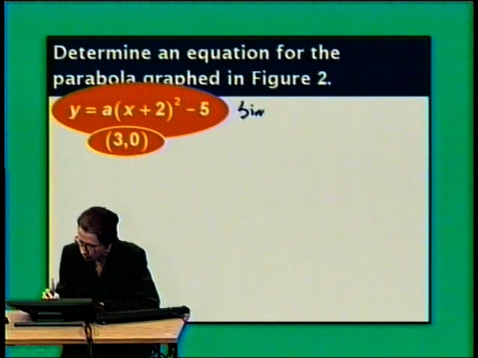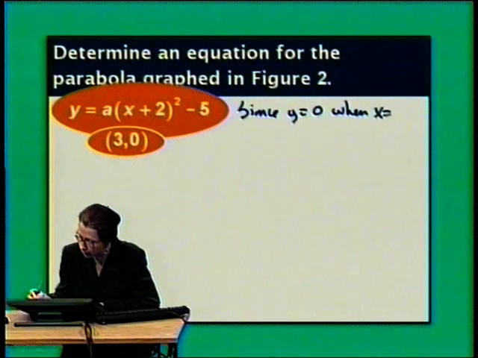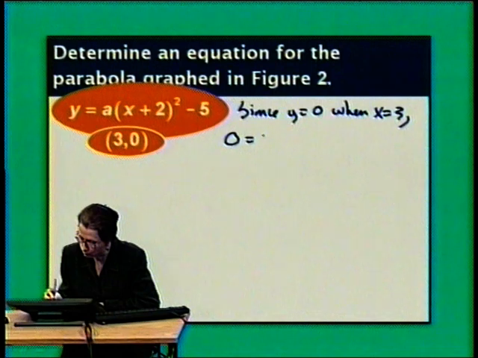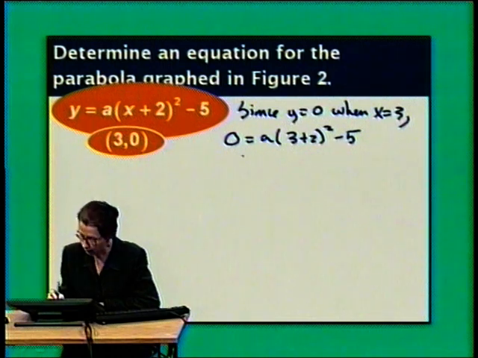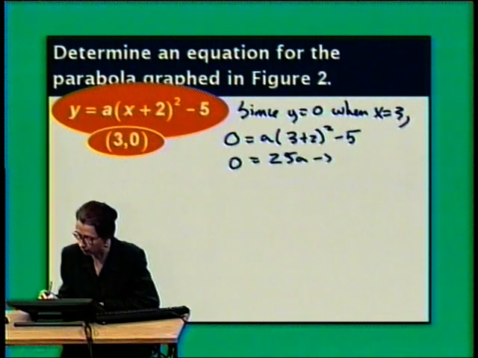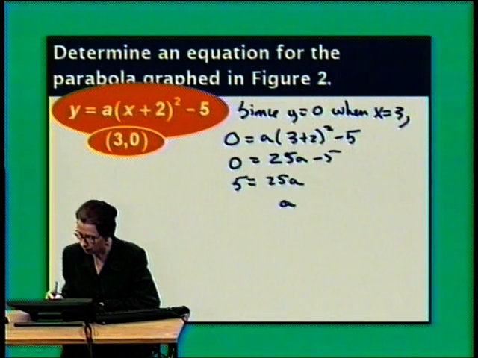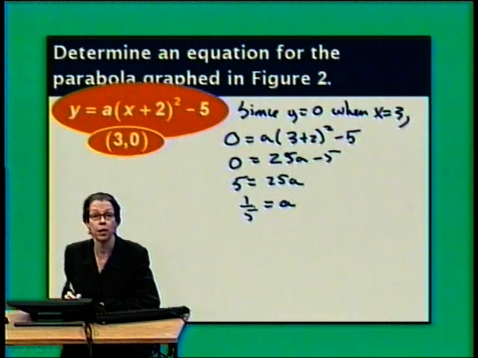So, since y equals 0 when x equals 3, I got that off my graph, I can solve the equation 0 equals a times 3 plus 2 squared minus 5. Solving for a, I have 0 equals 25a minus 5. 5 equals 25a, so a equals 5 over 25, or 1/5.